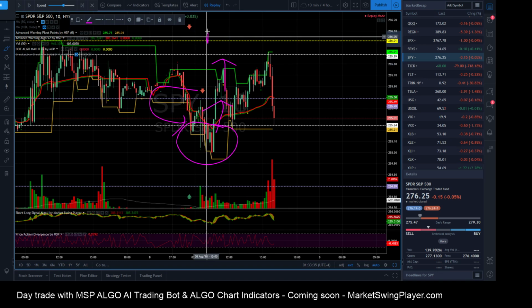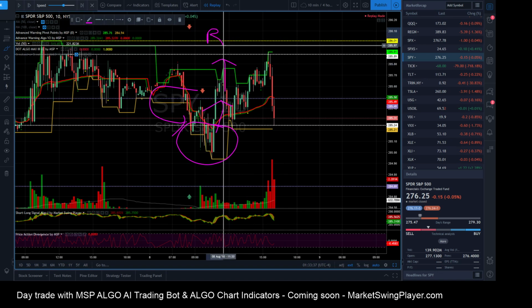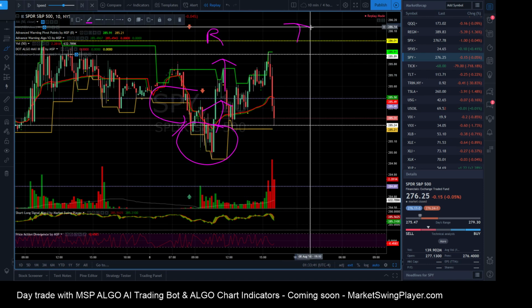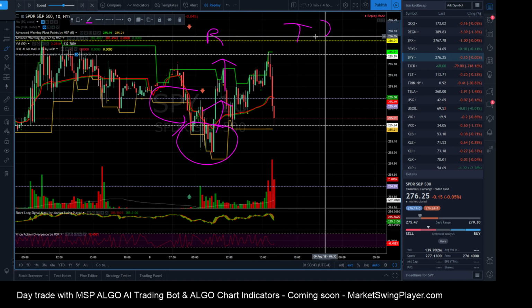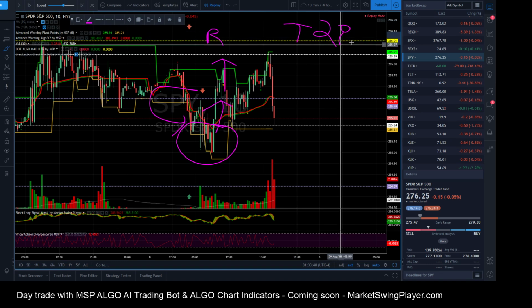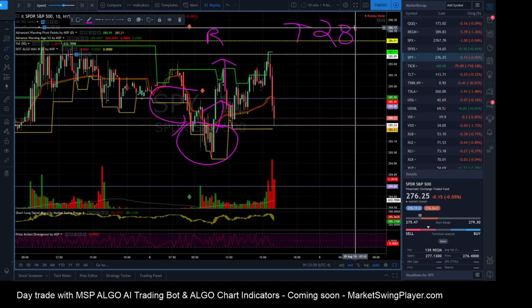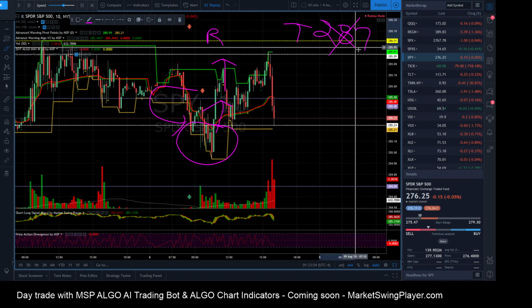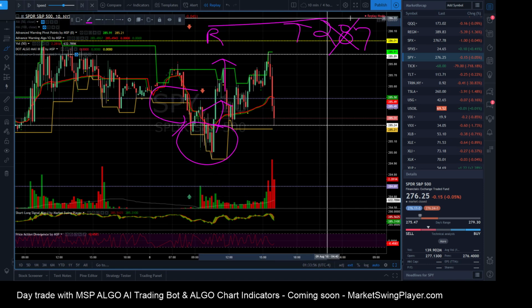But we know this reversal pivot is resistance. So we're not going to be buying any 287 calls. We're not buying any 288 calls, because we know better, right? Because so far this reversal pivot is resistance.